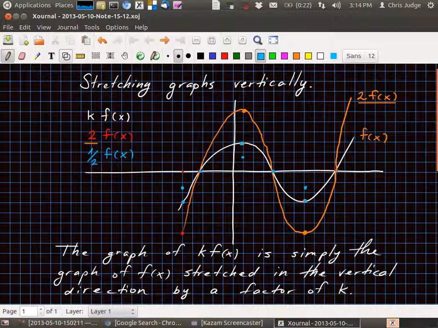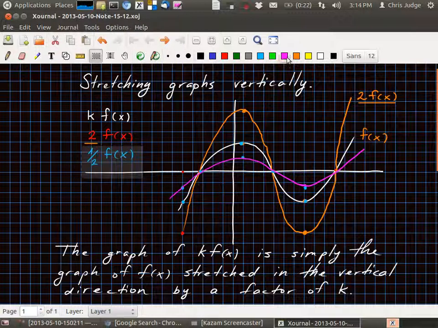So now we can see that the new graph looks like this. So the graph of 1/2 f of x is exactly this purple. So stretching by a factor of 1/2 makes the graph closer to the x-axis. It sort of shrinks it.